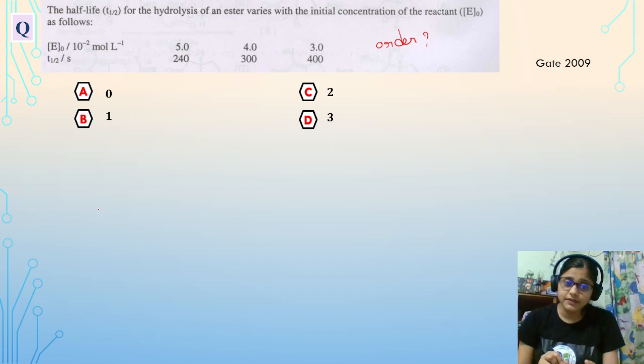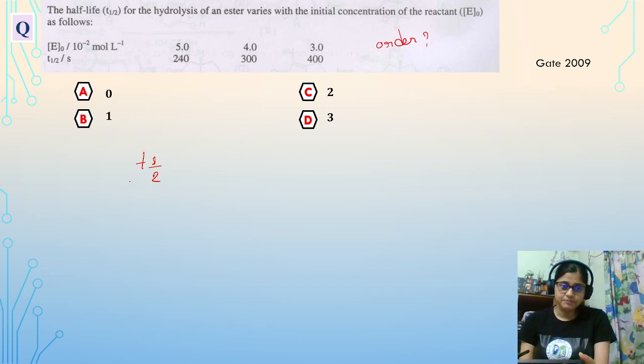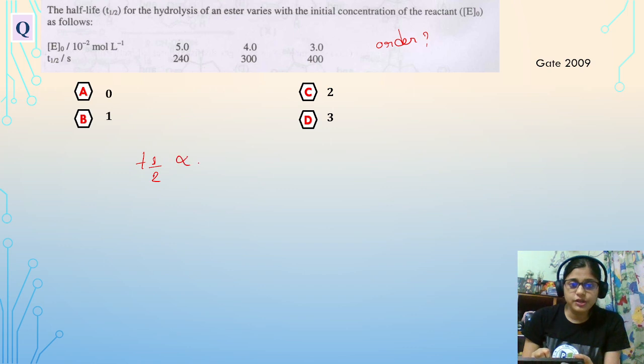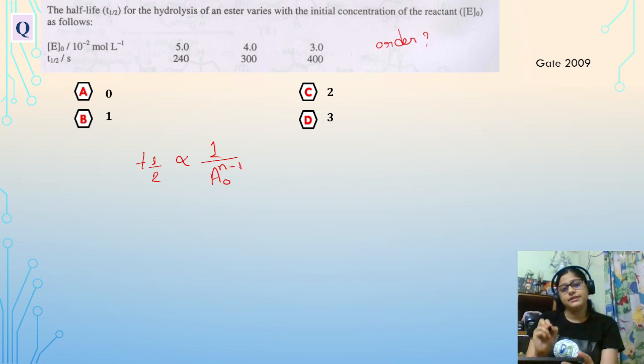Here nothing is given. Yeah, we know that. Okay, let's not talk about this. So we are just calculating here. Okay. How? We know that T half is proportional to 1 by A0 to the power n minus 1, where n is the order.